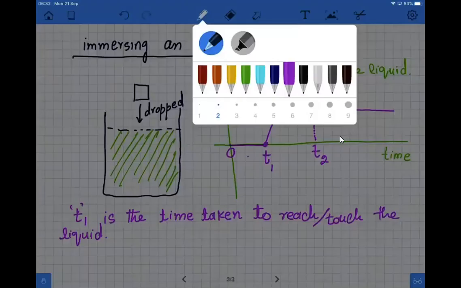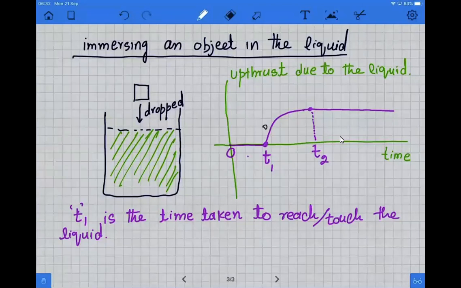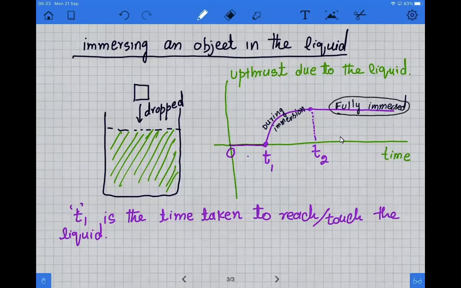Now there are two important things. This is during immersion, and when it is fully immersed, after that no change in upthrust will further occur.